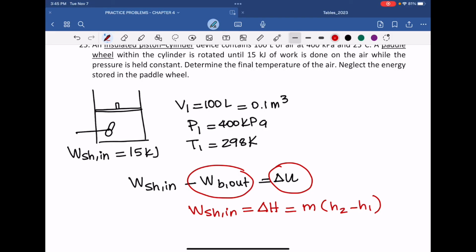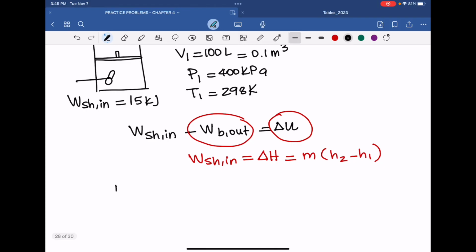Since this is air, I can look at table A17 if I know the specific enthalpy at the second state. So mass should be easy to find because this is an ideal gas problem. So mass is equal to P1 V1 over R T1.